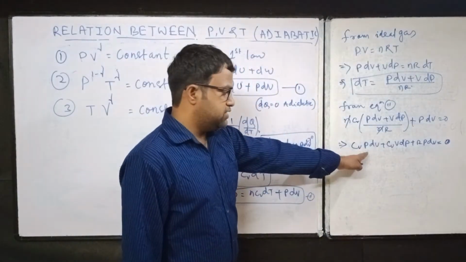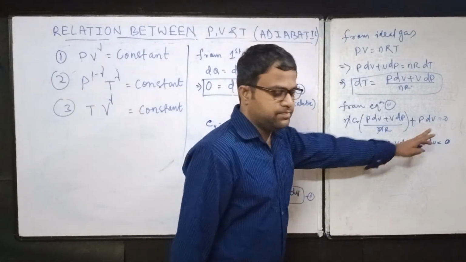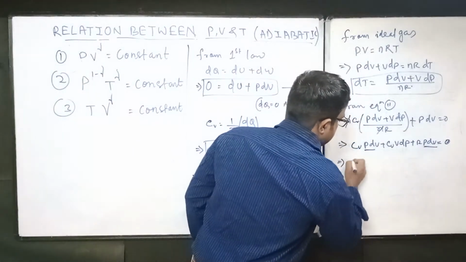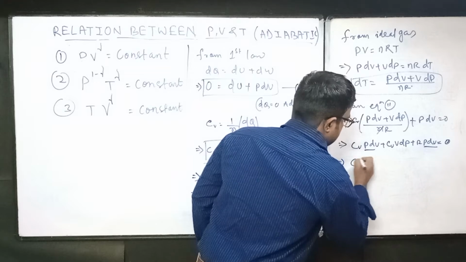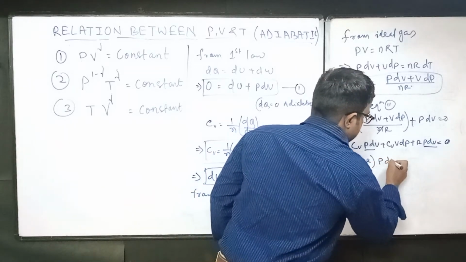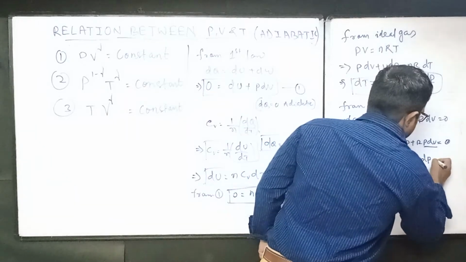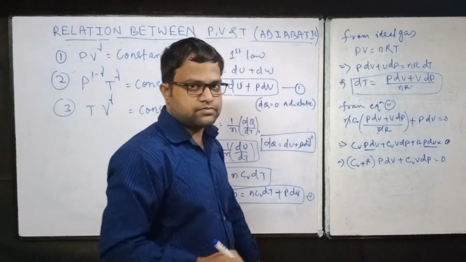R we have taken LCM. So now PdV I'll take common, so it will become (Cv plus R) PdV plus Cv VdP equal to 0.